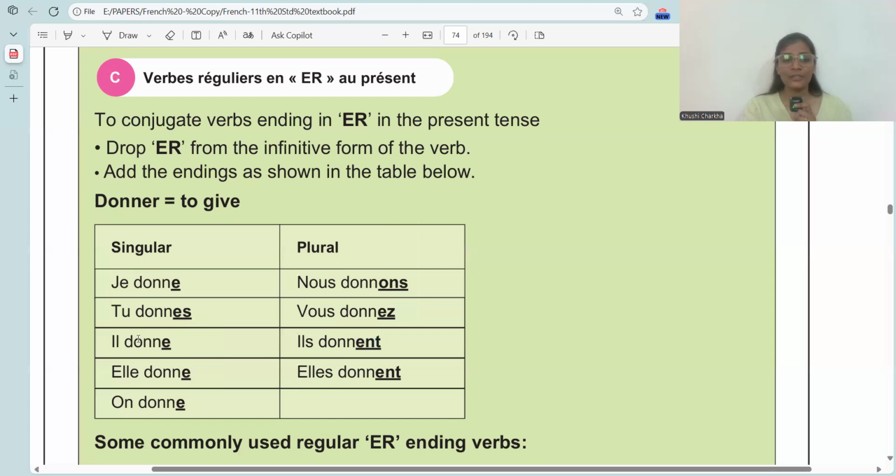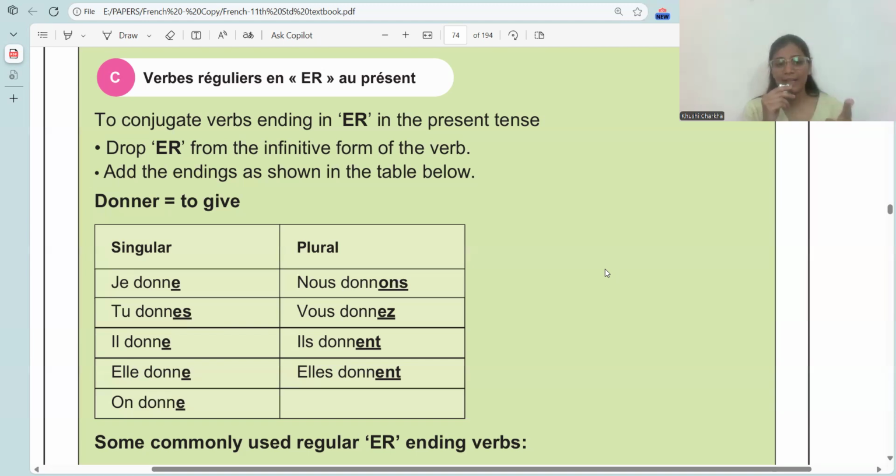Now please note these three: il, elle and on. These three are conjugated in the same manner, and ils and elles are conjugated in the same manner. Repeat after me. What are the endings of ER ending verbs?